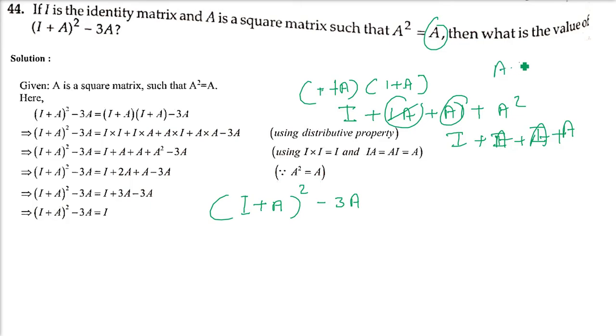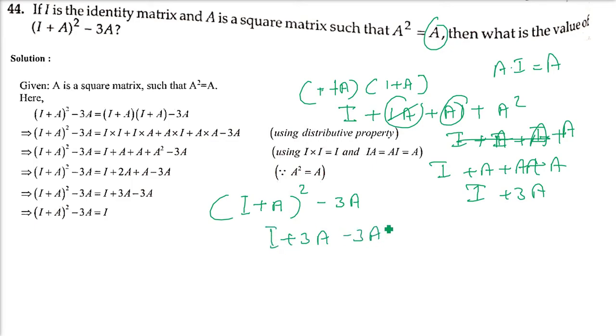A square is A. So what do you get? I plus A plus A plus A. So I plus 3A. Now I plus A whole square is I plus 3A. Then we have this minus 3A also. So 3A gets cancelled, you get I. This is your answer.